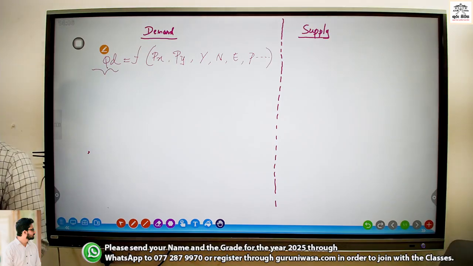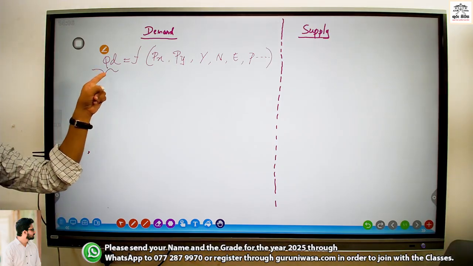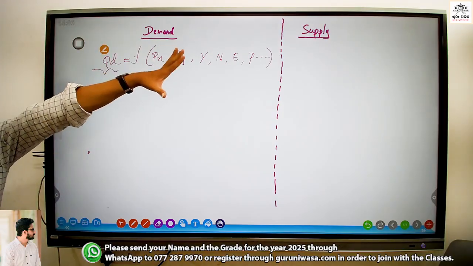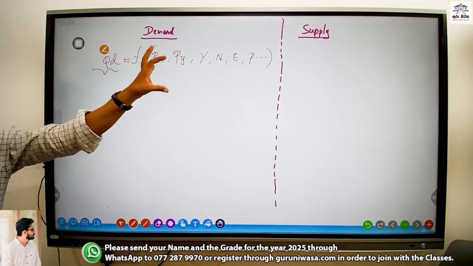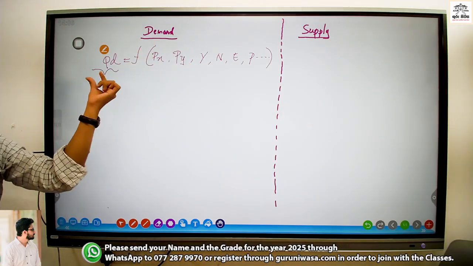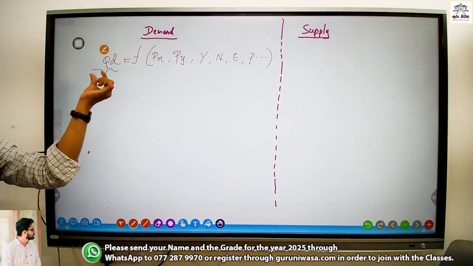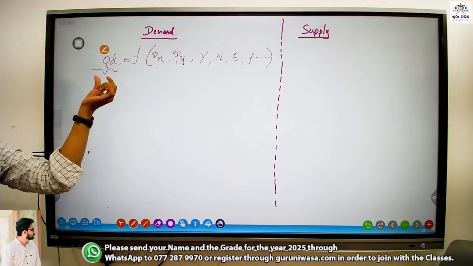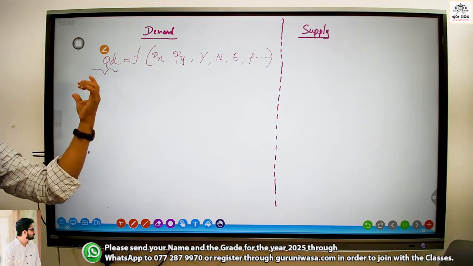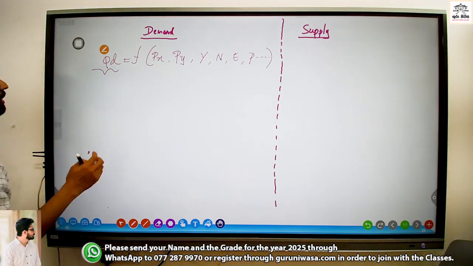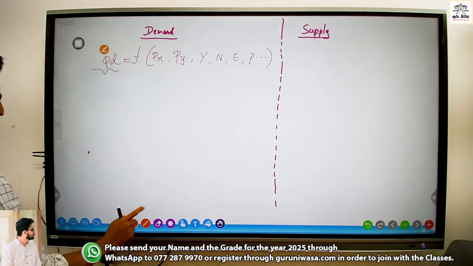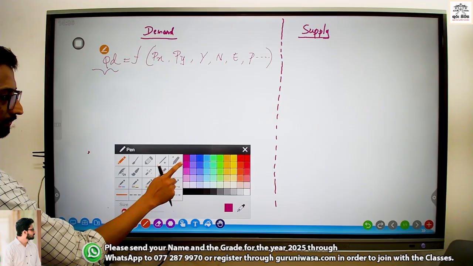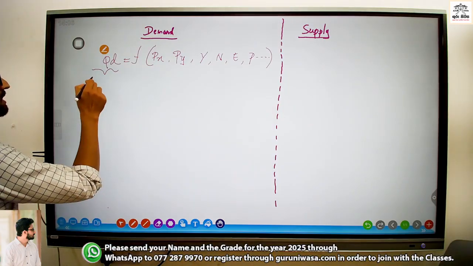You have to depend on parents. Here, quantity demanded is changed by other factors, meaning demand determinants on this side. So what is the dependent variable? QD. So QD is a dependent variable.